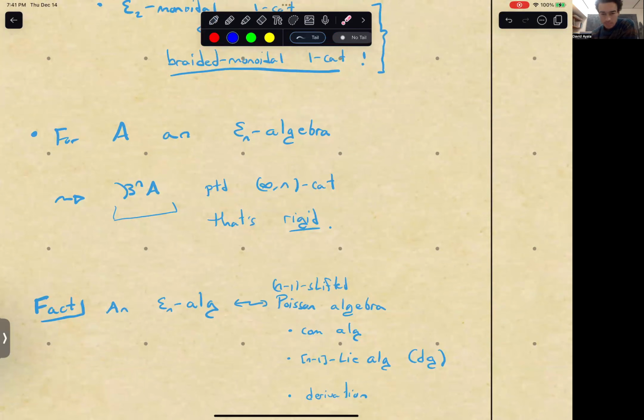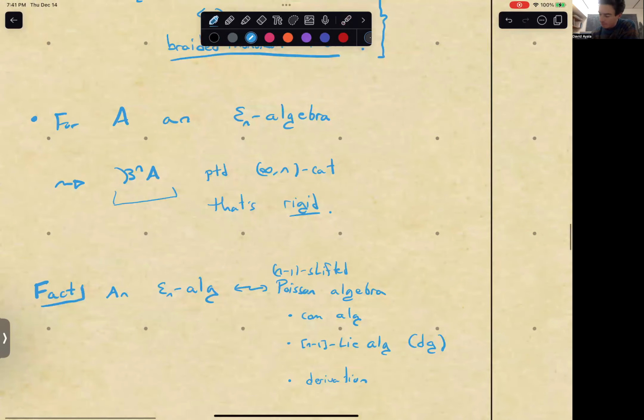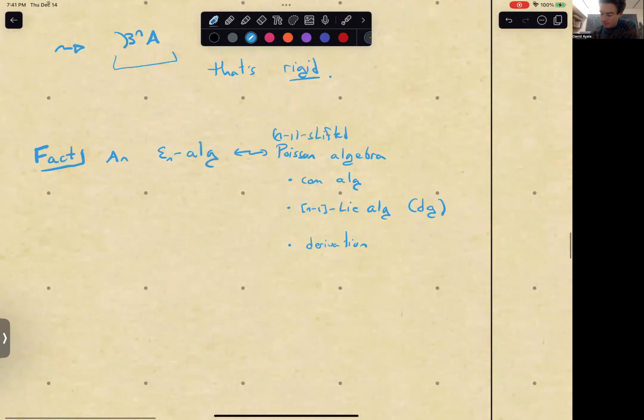Okay, just as you have just explained, given an EN algebra A, we can construct a pointed infinite n category, BNA, right? So now, can we compare the results of, we can take factorization homology of A, and we can take factorization homology of BA. So the result is the same? Yeah, perfect. So this is not definitional, it's a theorem.